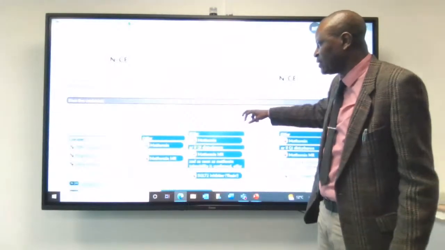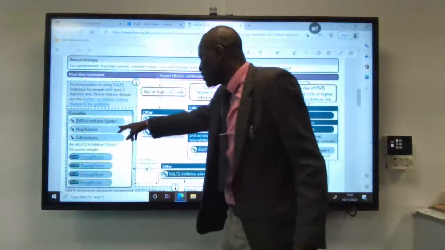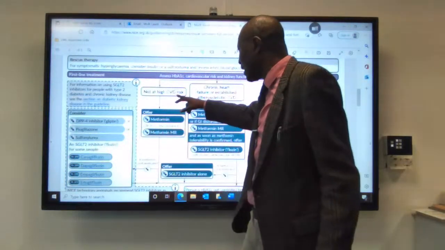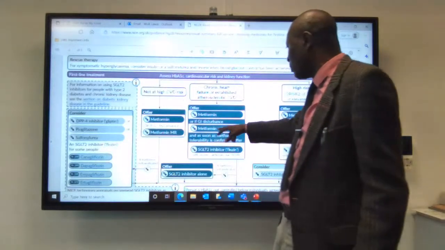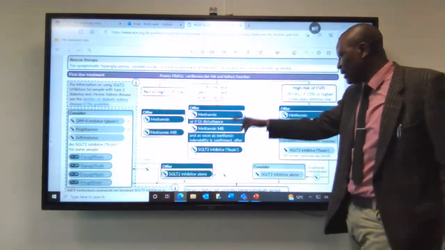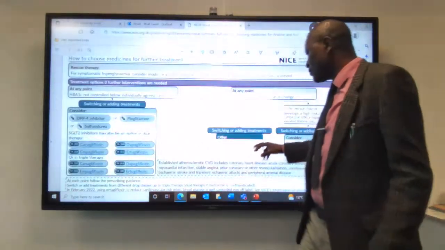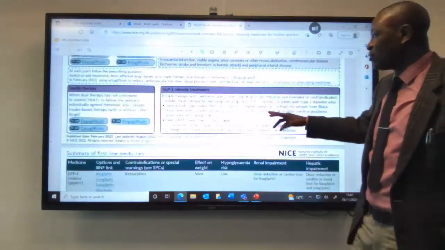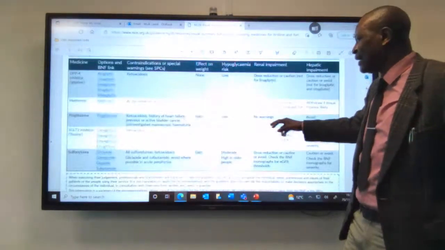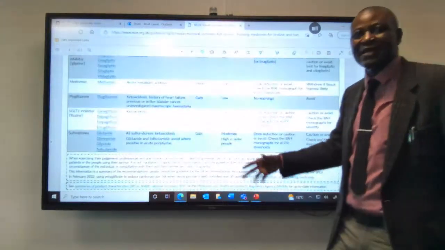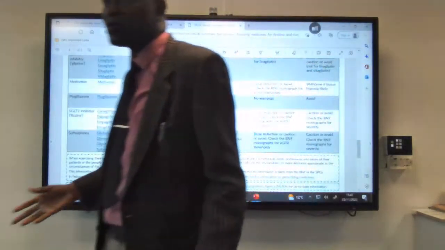So consider a DPP-4 inhibitor with metformin where not at high risk of cardiovascular disease. If you need to combine metformin with others, how you can combine them, everything is here. There are different types of drugs and ways you can combine them. And there are things we need to consider before prescribing.